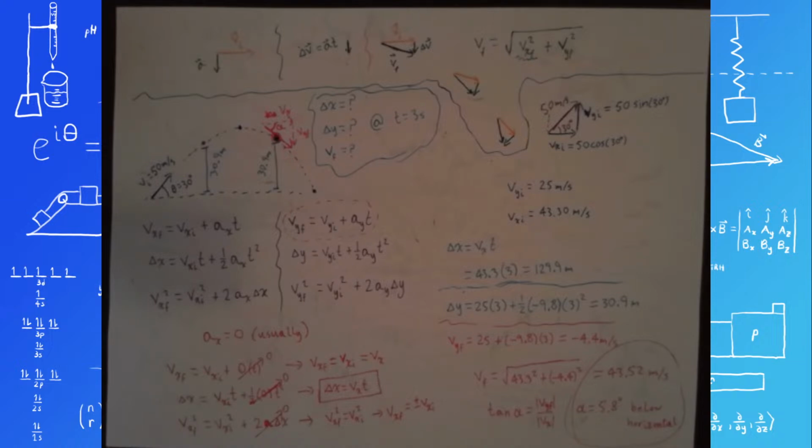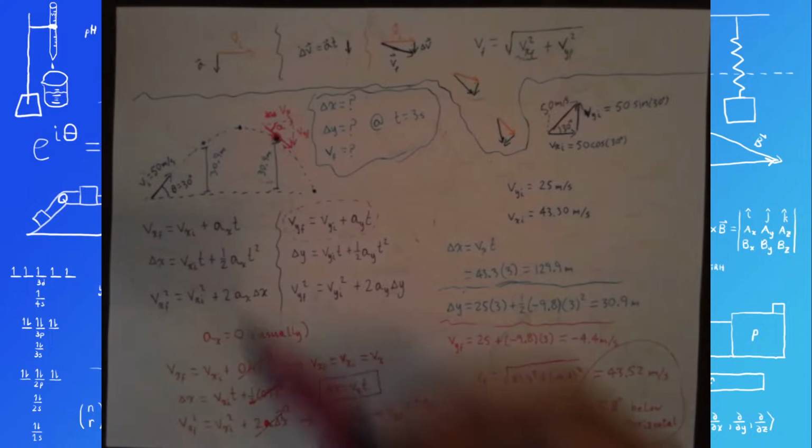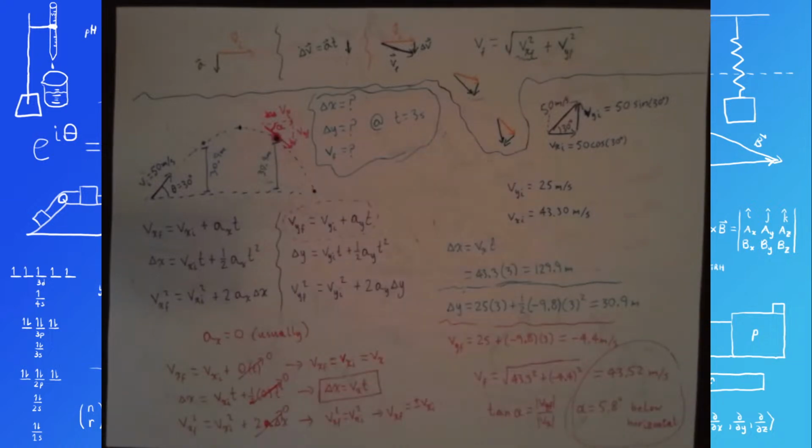All right, so that takes care of a classic problem. Now I'm going to redraw this again to talk about some key features of this particular case. This is a symmetric case for pretty much the same reasons that the symmetric case in free fall exists.